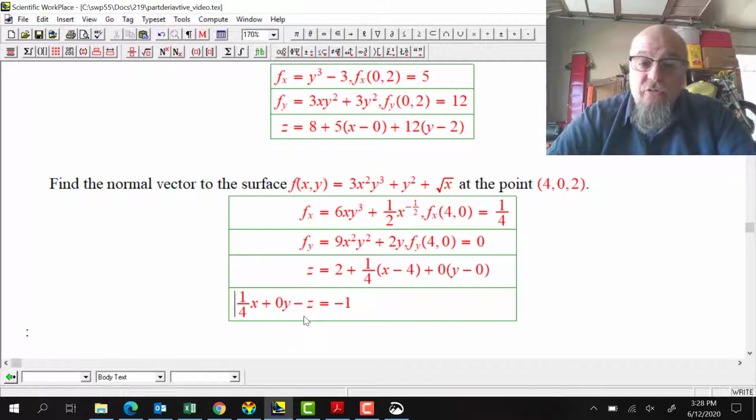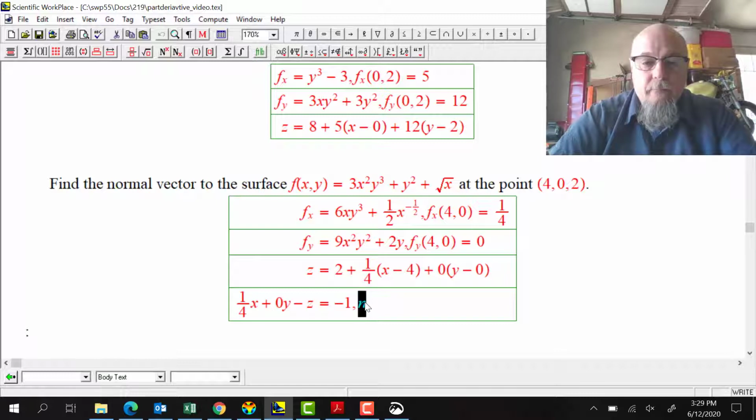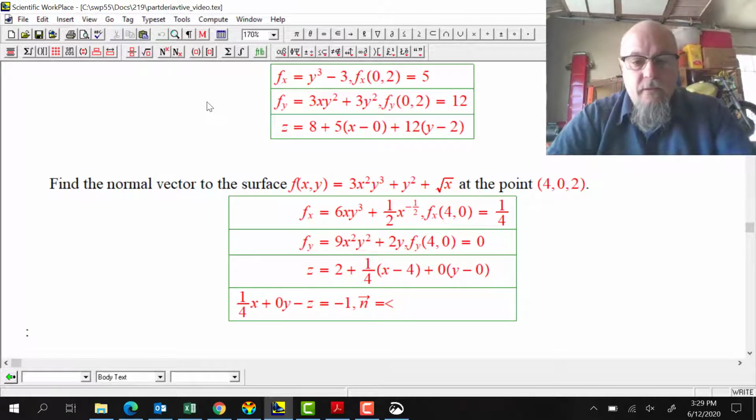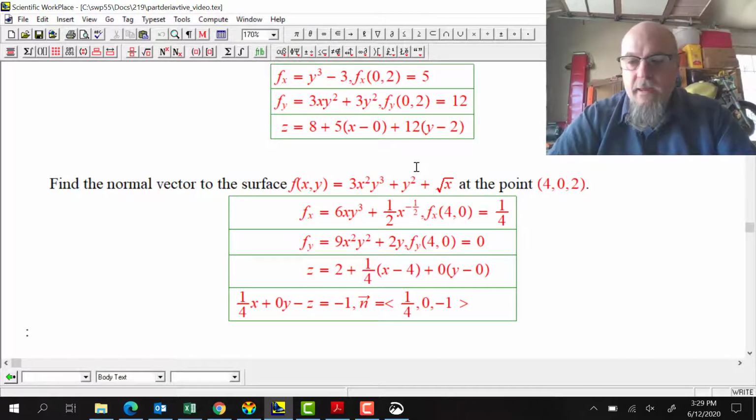Now this plane should still go through the point 4, 0, 2. Yeah, it still does. Just to check my algebra. Now I can read off the normal vector to this plane. That's going to be minus a quarter, 0, minus 1. There's the normal vector to the plane.